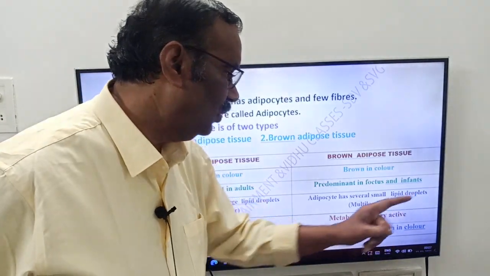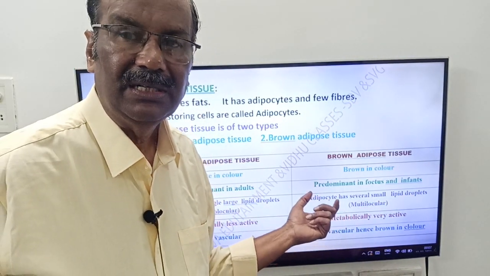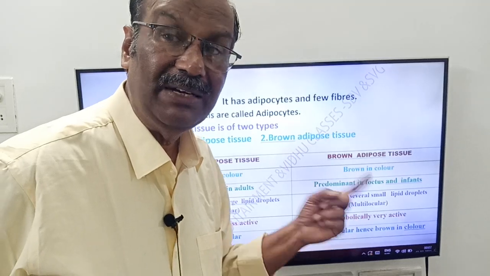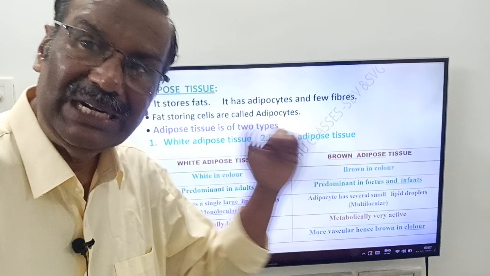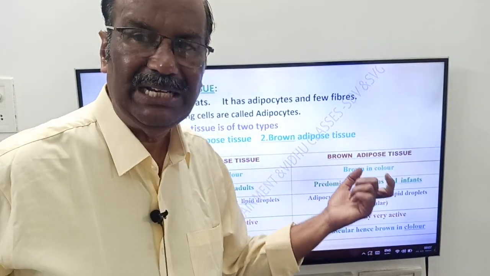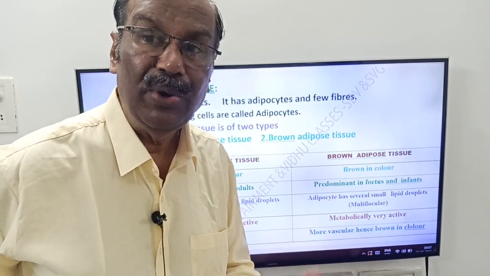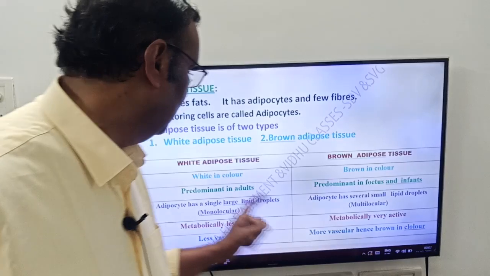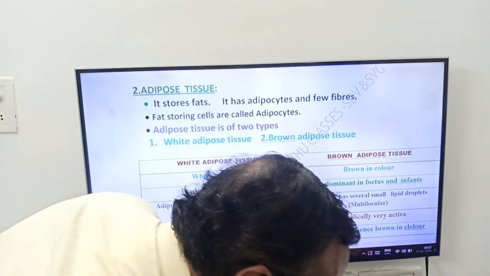Friends, it is more vascular, hence it is brown in color. Already you read this difference between brown fat and white fat in VSQ, very short question. Okay, once you recall that answer friends, white adipose tissue, WAT, brown adipose tissue, BAT. Okay friends, this is about the difference between white adipose tissue and brown adipose tissue.